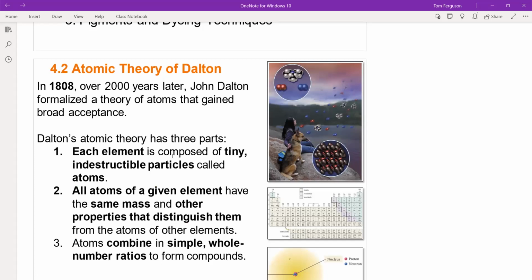These are his tenets. Now, there are some issues with this, but this was a long time ago. So each element has tiny, indestructible particles, which cannot be broken down without the particle losing its identity.